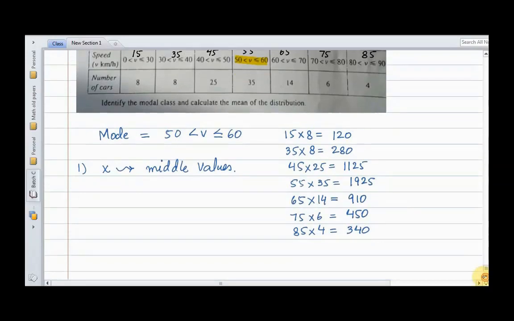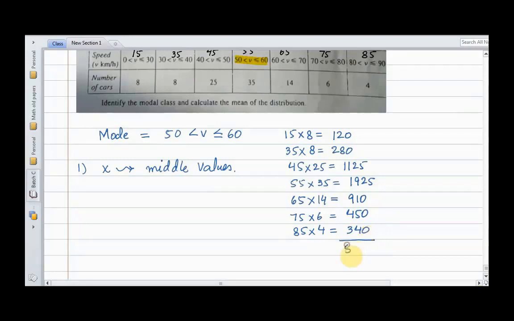If we add up all the values, it will be 340 plus 450 plus 910 plus 1925 plus 1125 plus 280 plus 120.